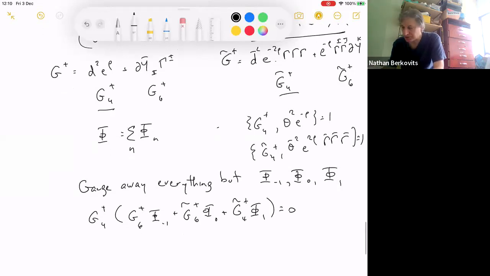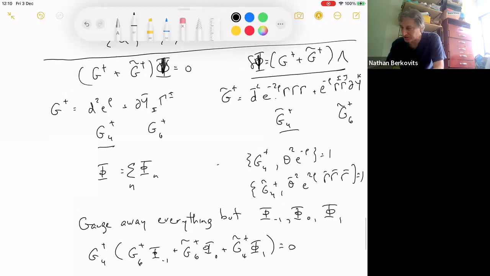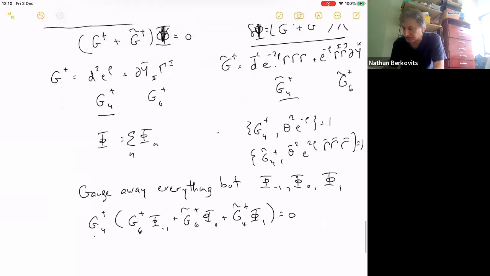So this equation comes from this equation here. If you just act with G4 plus, that essentially kills the last term.